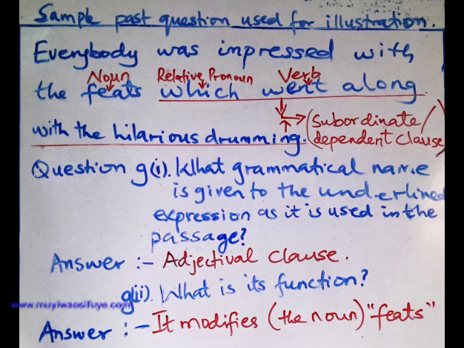And from the answer above, it has a verb, and so the function is it modifies the noun feat. Because the clause begins with the relative pronoun which, it can only modify the noun it comes after, and that noun is feat, and it is in the main clause of that sentence.